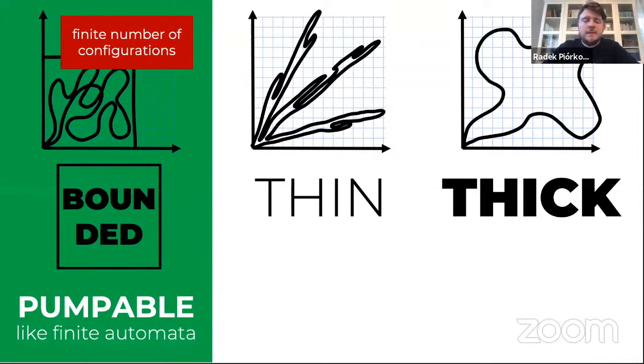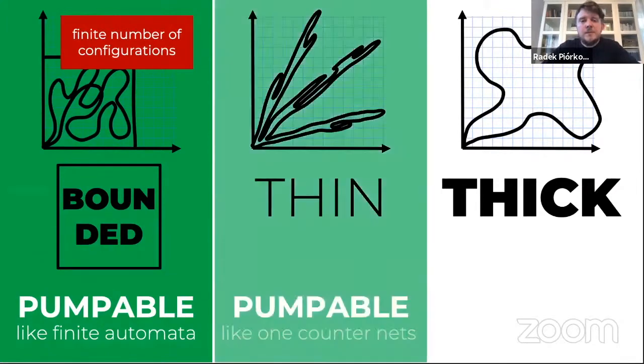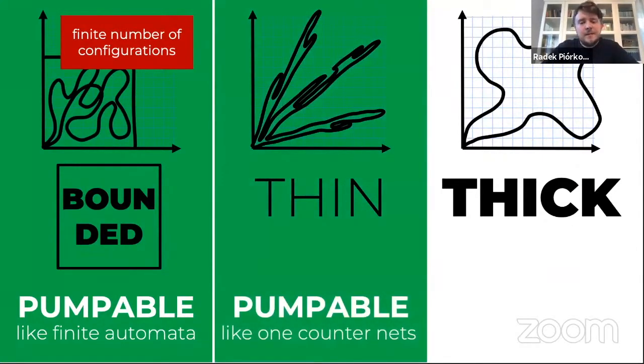For thin ones, the proof is a bit more involved, but it's also easy. We reuse standard techniques that are used with one-counter nets. We just use this fact that they are not truly two-dimensional. They only use one dimension at the time, some could say. Finally, the case of thick runs is the most interesting one.